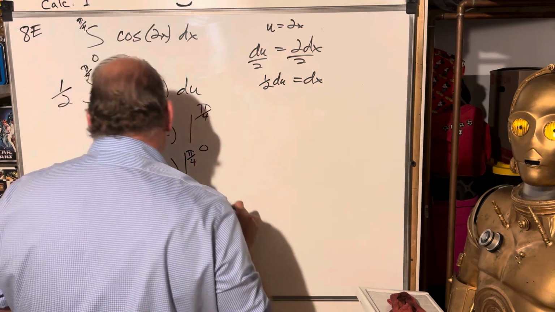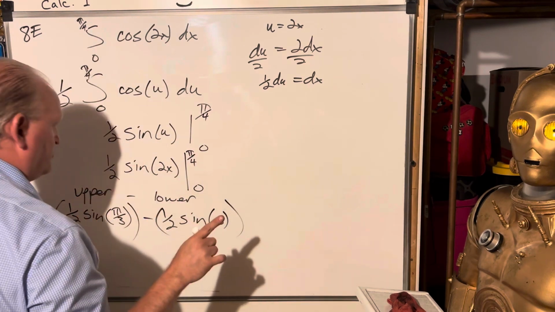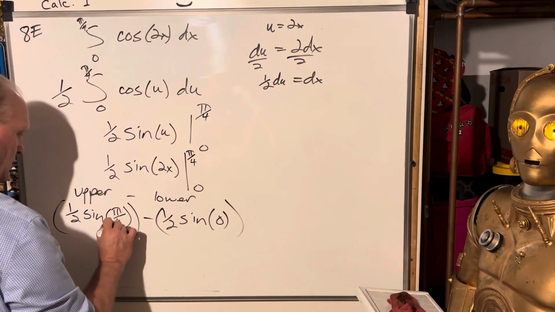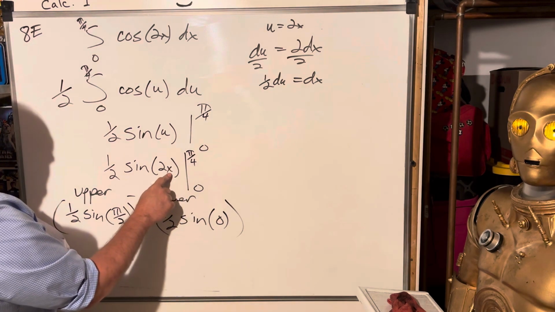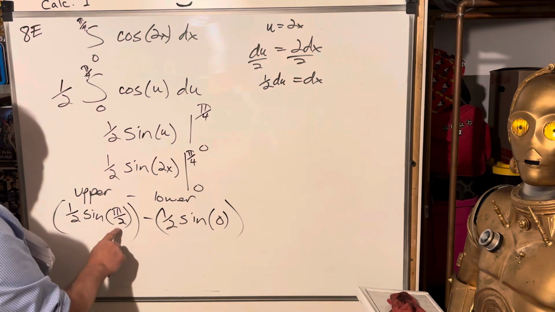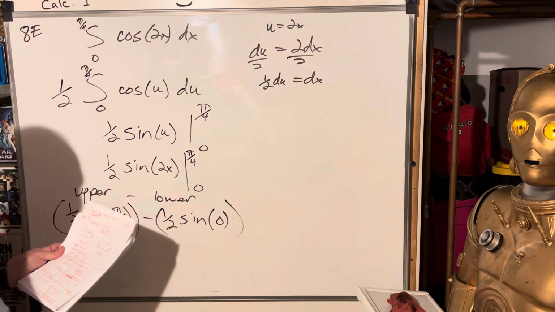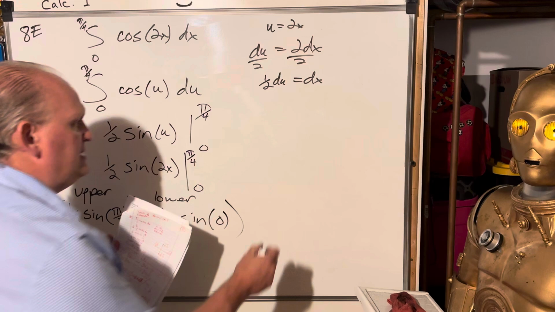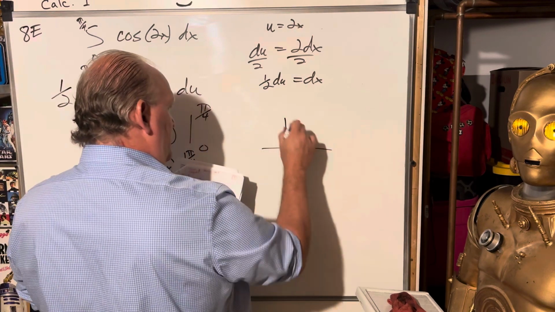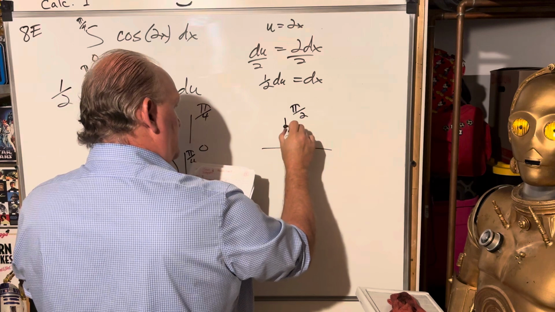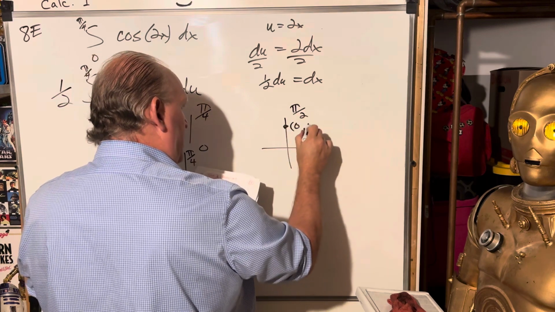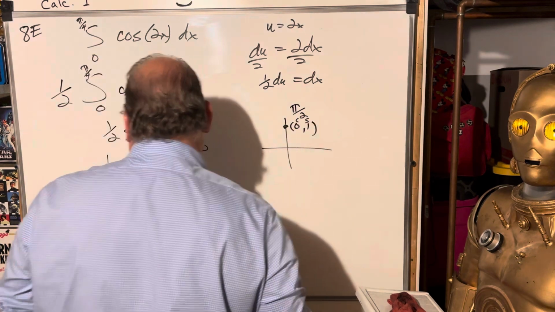It's important to write down the problem that they asked you to do. Okay, so when I put in pi over 4, the 2 cancels into the 4, I get pi over 2, so 90 degrees. So they want the sine of 90 degrees. You can do this on the unit circle: pi over 2 is (0, 1), so sine is 1.